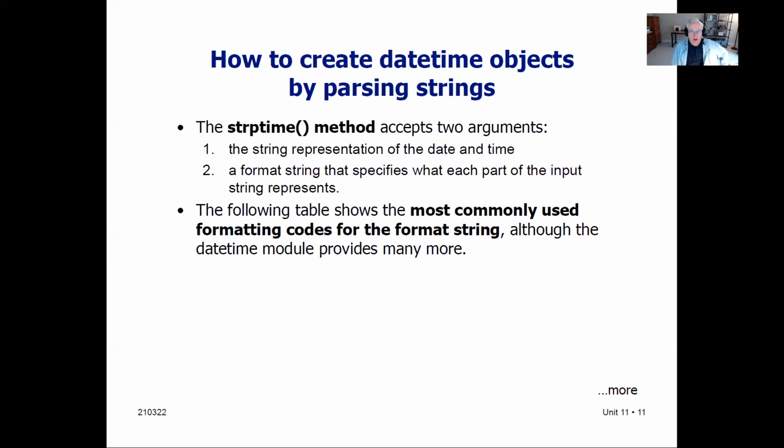Now, that brings up a whole other can of worms, because we have all kinds of issues with format. The good news is we can create a date and time or datetime object in the format that we want. It is very flexible, but with flexibility comes complexity.